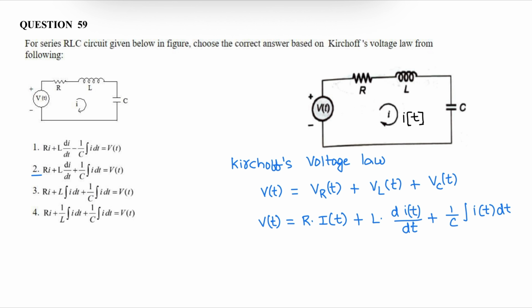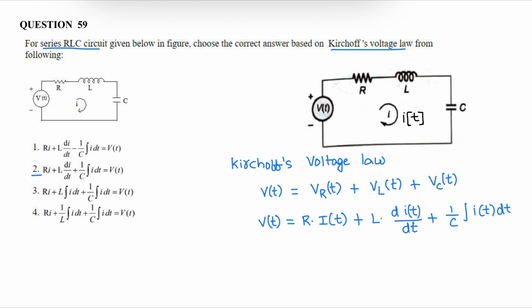Question number 59. For the series RLC circuit given in the below figure, choose the correct answer based on Kirchhoff voltage law from the following. So given a series RLC circuit and the current flowing through the series RLC circuit is I of t, resistance R, inductance L, capacitance C, and voltage source V of t.